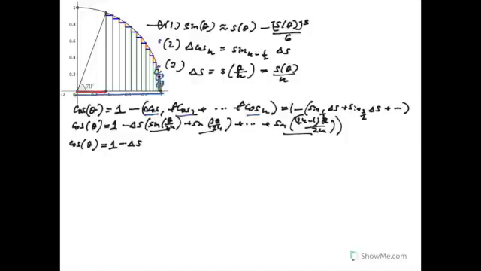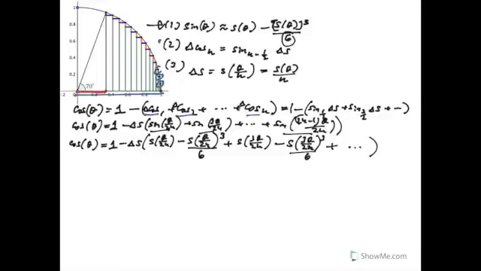So this sine theta over 2n turns into s of theta over 2n minus s of theta over 2n cubed. That cubed, I'm not going to put the brackets from here, but know that it means that, over 6, that's this 6 here, plus s of 3 theta over 2n minus s of 3 theta over 2n cubed over 6. I'm just going to say dot, dot, dot.